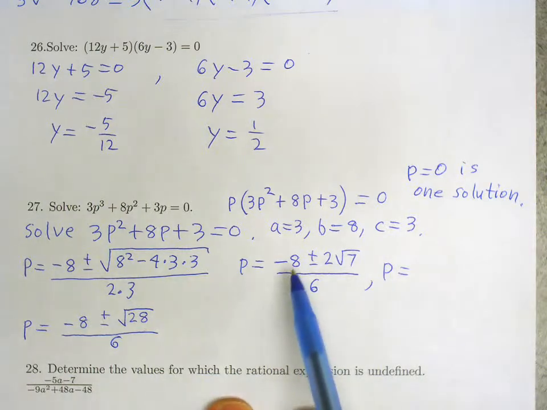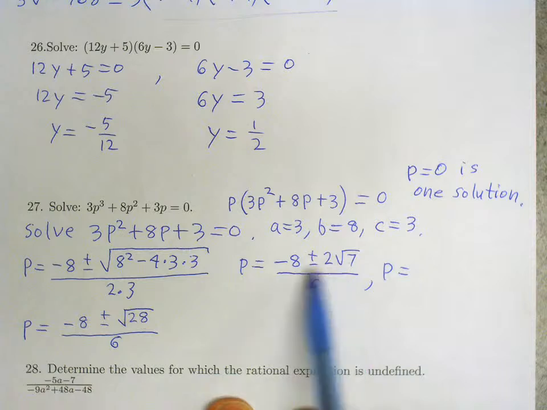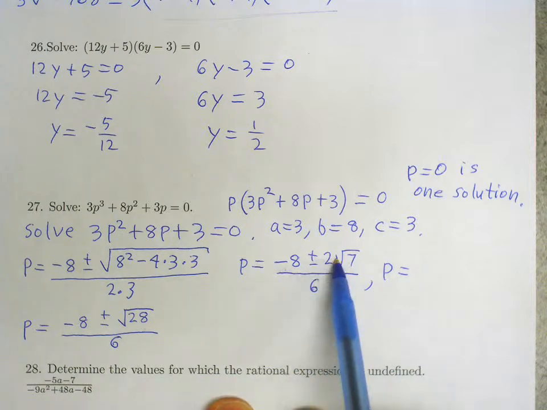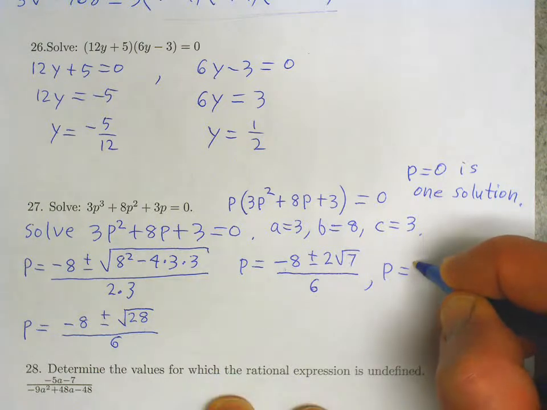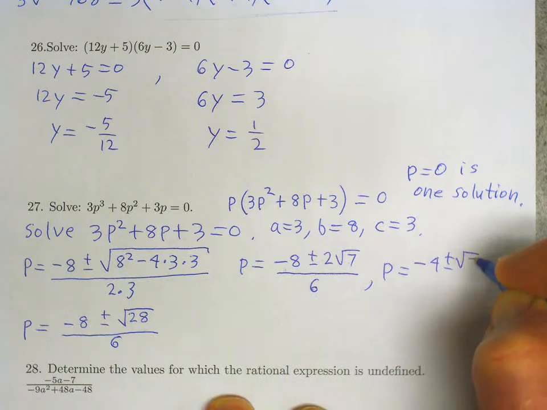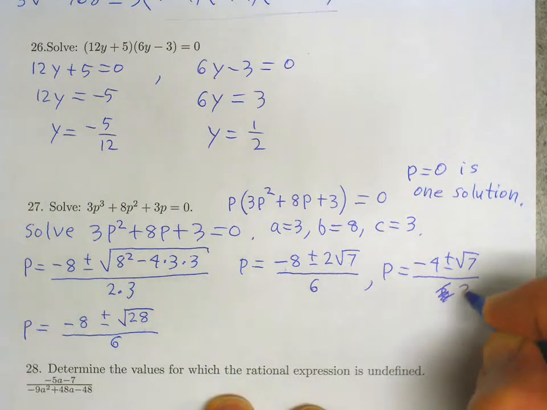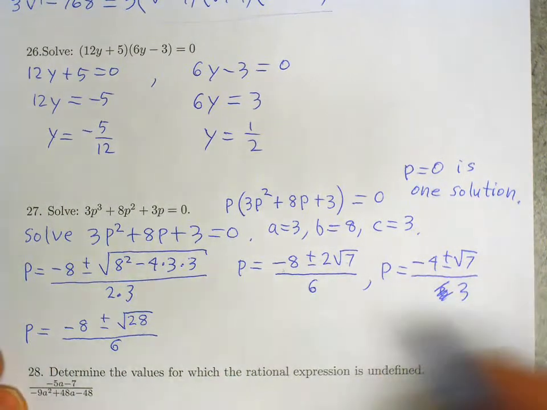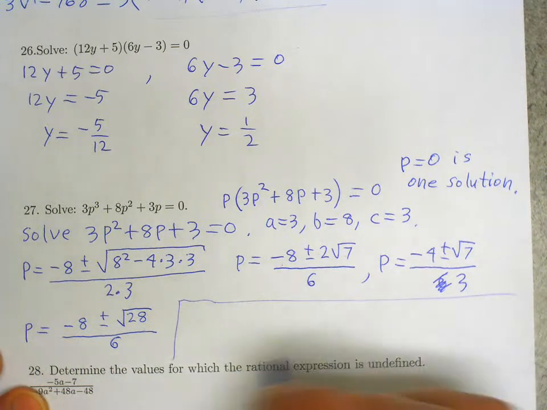And then the greatest common factor of every term in the numerator and the denominator is 2. So we'll cancel the common factor of 2, and we get P equals negative 4 plus and minus the square root of 7, all divided by 6. Sorry, all divided by 3. Okay, so we'll list the solutions separately.